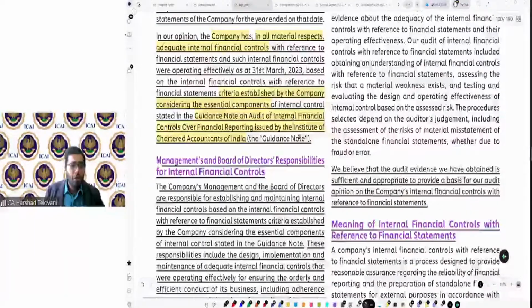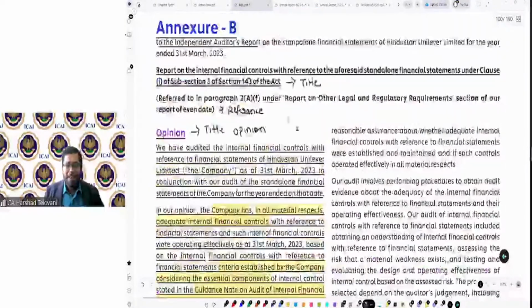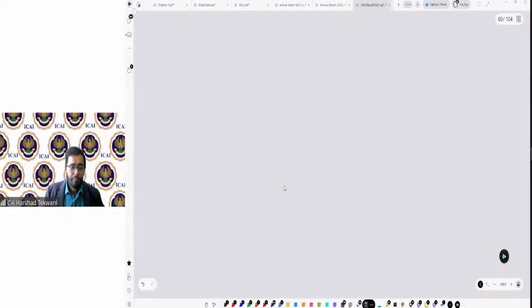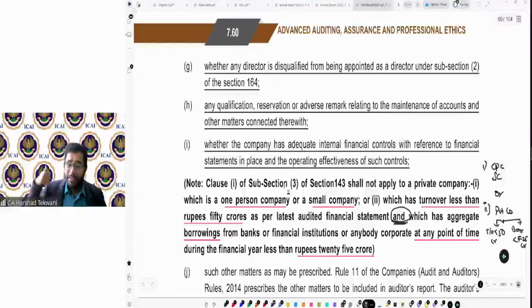So this is the report as per section 143(3)(i) of the Companies Act. So we saw the exemption part, we saw the report part, and we understood in detail what is to be reported under this particular clause.